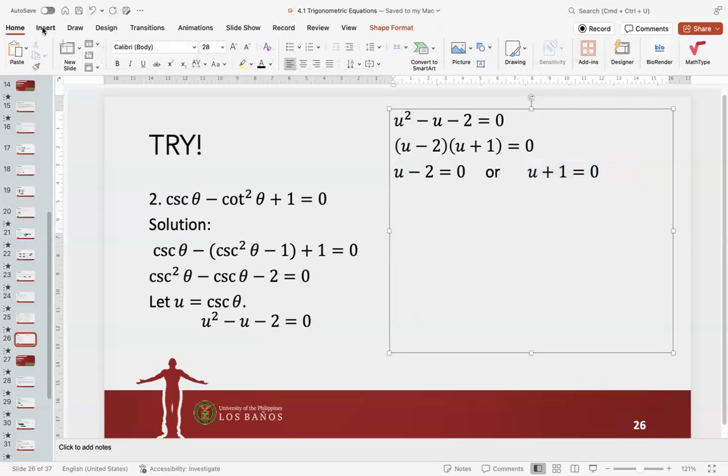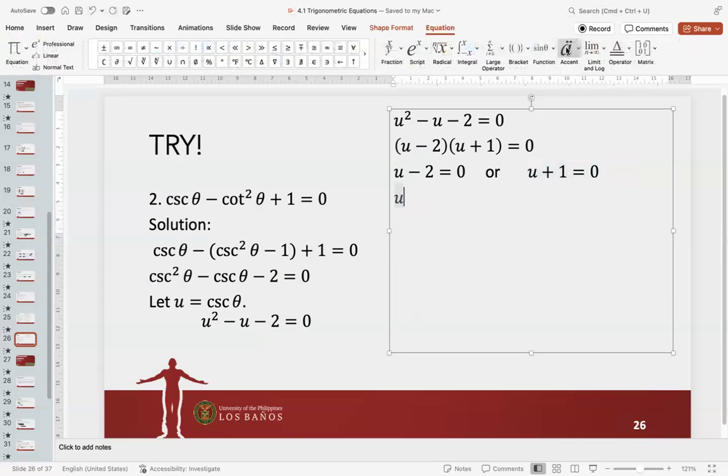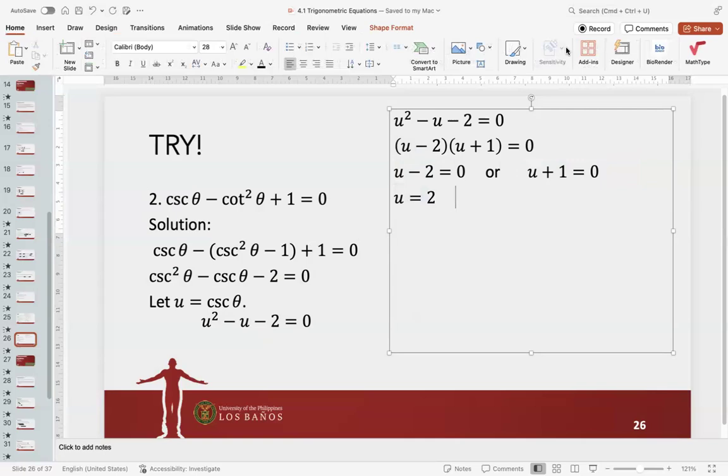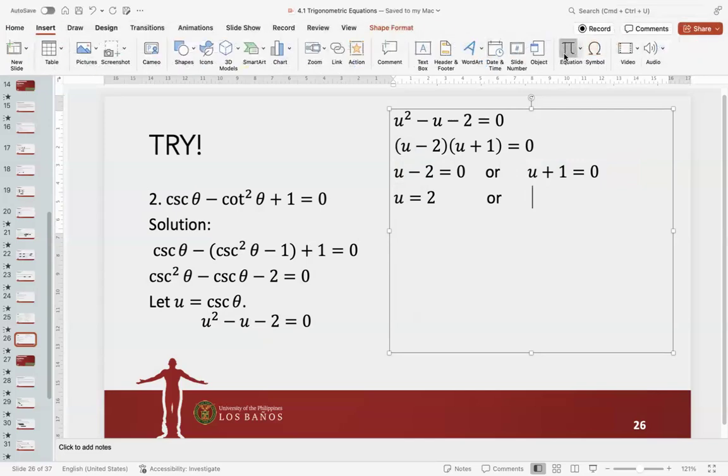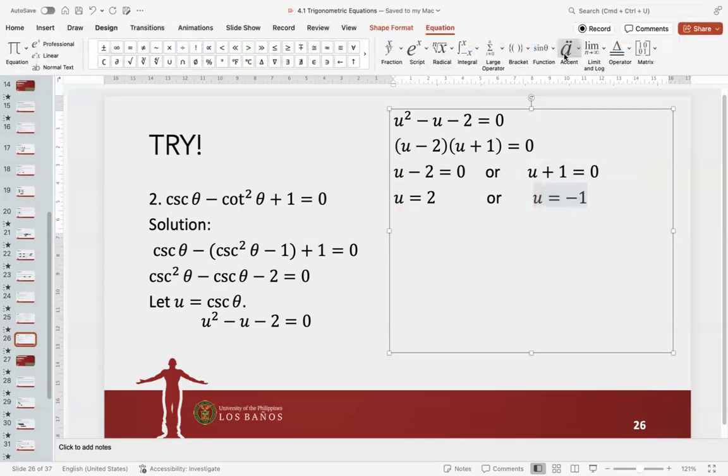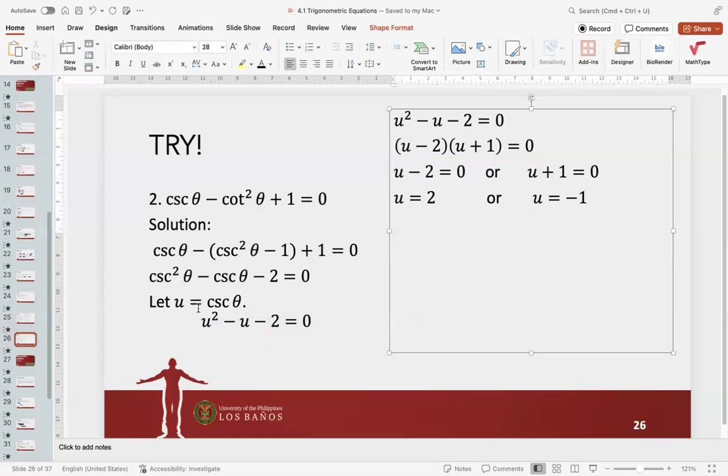So solving for the value of u, we now know that u is equal to 2, or u is equal to negative 1. But by substituting, we know that u is cosecant theta.